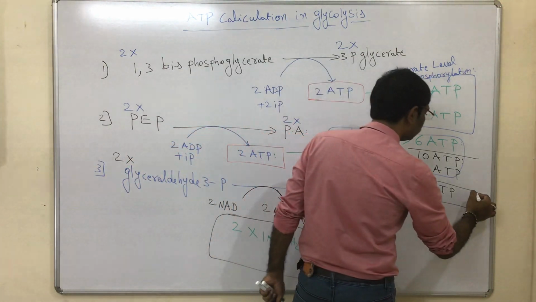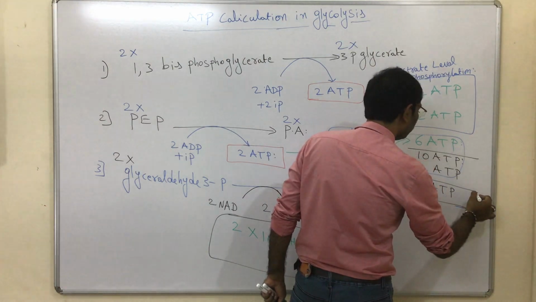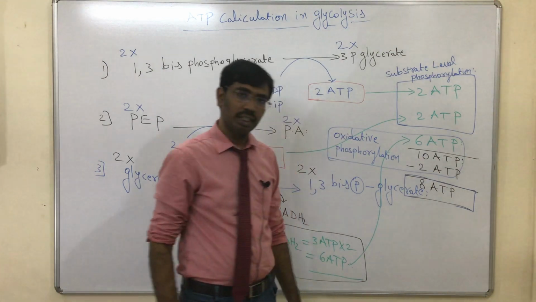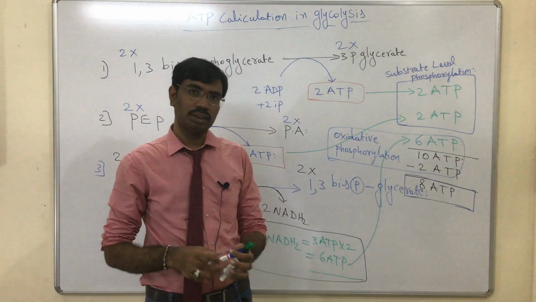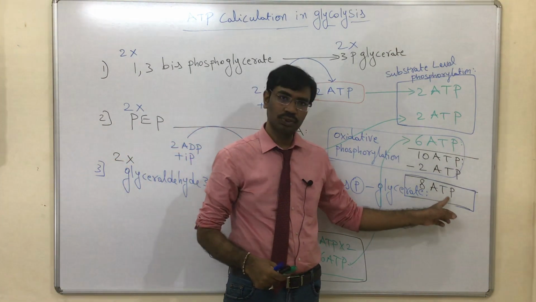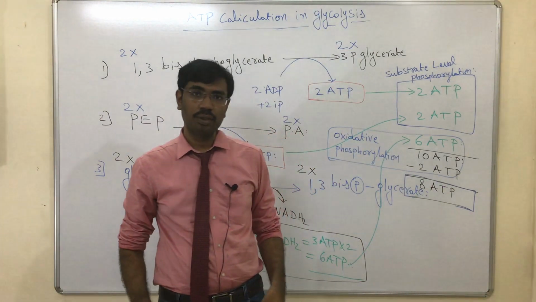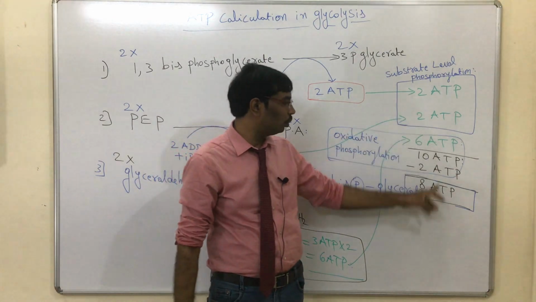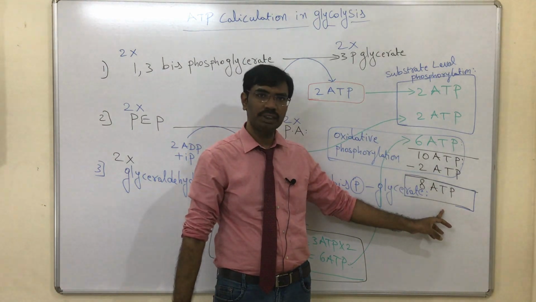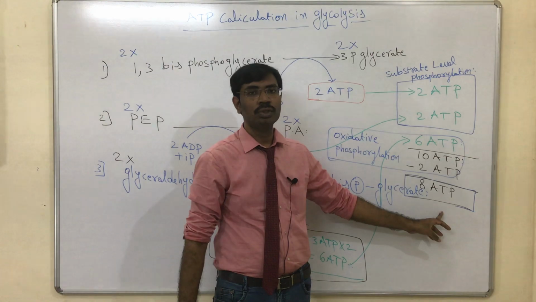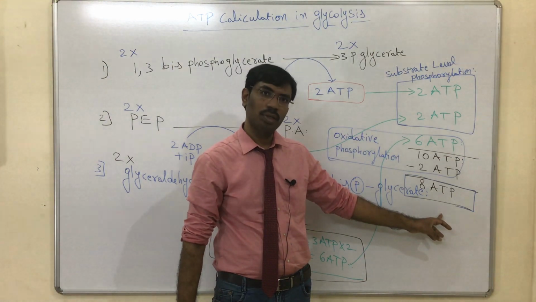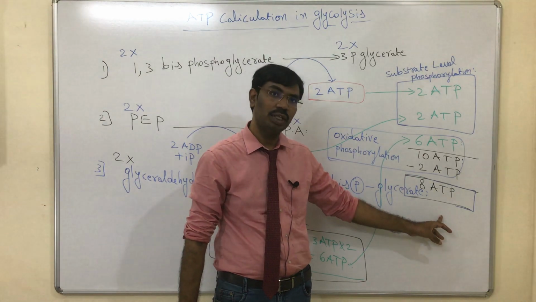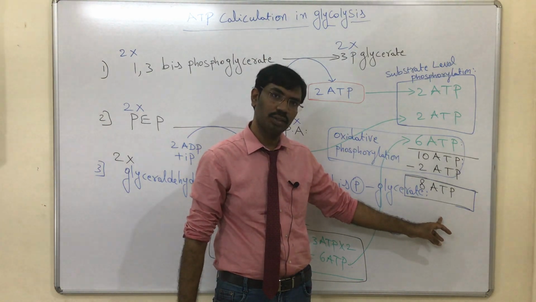In some books they give glycolysis as producing 8 ATPs, but in some books they say glycolysis produces 6 ATPs. So which is correct? According to our calculation, 8 ATPs are produced in glycolysis, but 6 ATPs is also correct. In which condition is 6 ATPs correct, and in which condition is 8 ATPs correct?